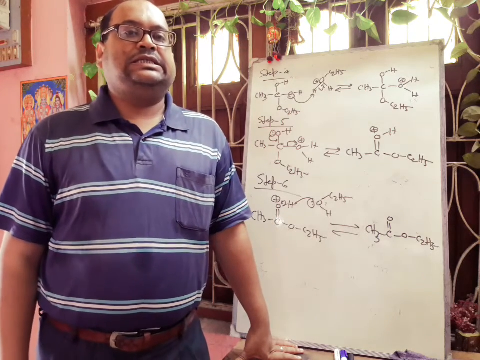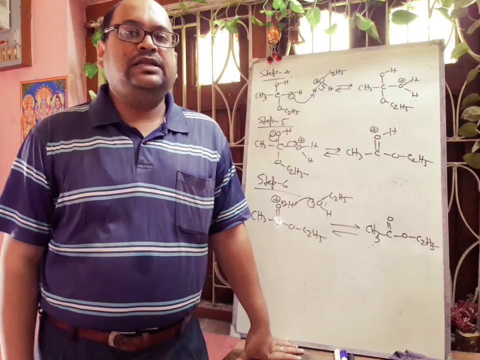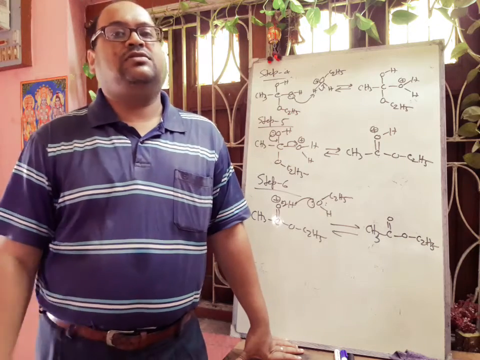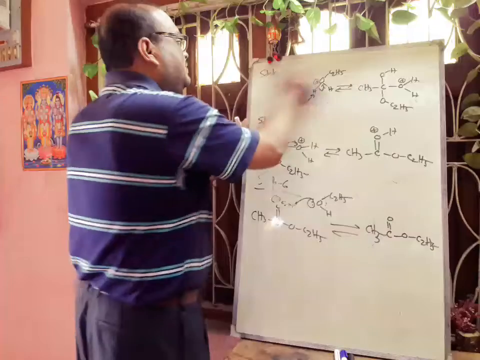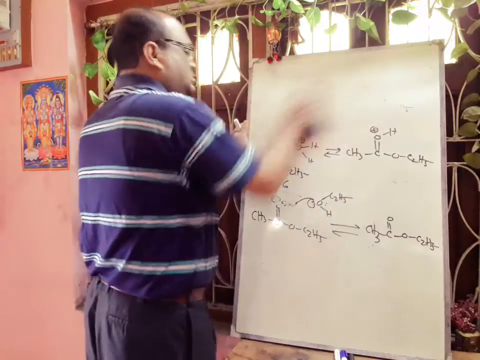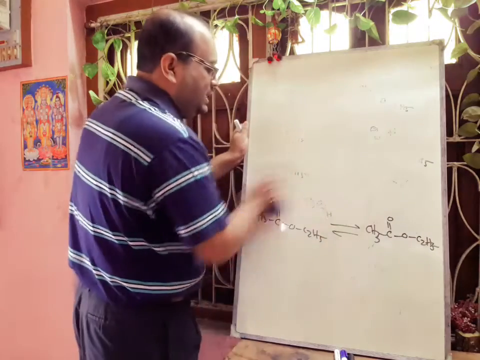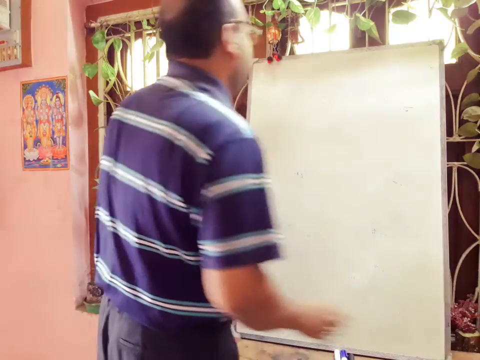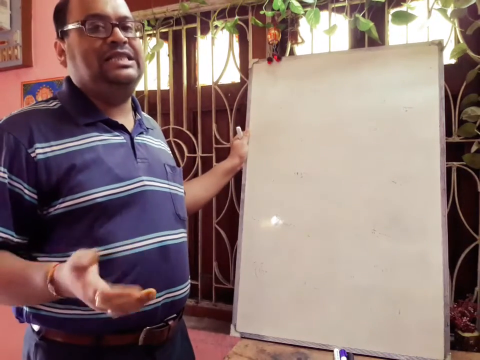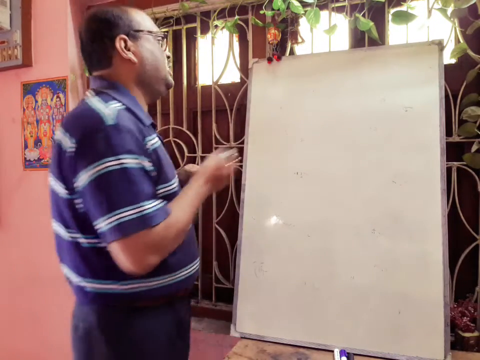Next we will discuss the conversion of acid into acid chloride. For conversion of acid into acid chloride, different types of chlorinating agents we can use. First, we can think about PCl5, phosphorus pentachloride, or we can use PCl3, or thionyl chloride. All reactions I am showing.